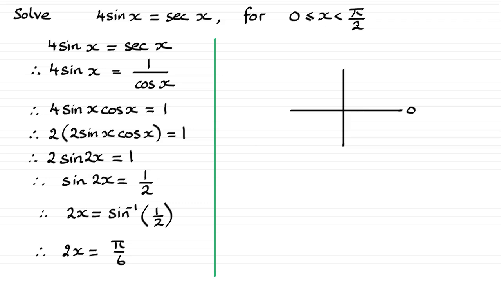So if I was to double the values of x, we've got a new range, which is going to be doubling all of these values here. Doubling 0 is 0, but doubling x becomes 2x, and doubling pi upon 2 becomes pi. Now we know that sine is positive in the first quadrant and the second quadrant.